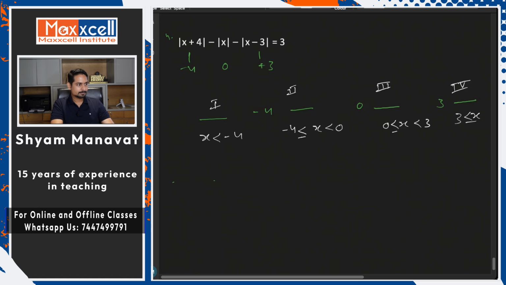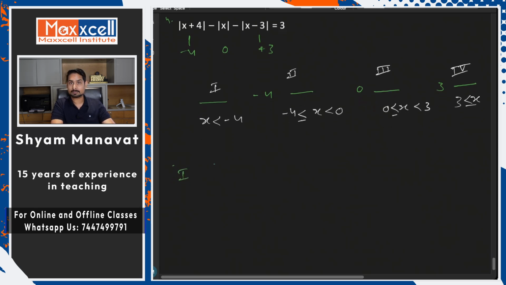Okay, so let's simplify this. Now here, let's try for segment 1. We have 4 segments, so let's solve a little faster. First segment, x less than -4. Let me write this: mod of x plus 4 minus mod of x minus mod of x minus 3 equal to 3.